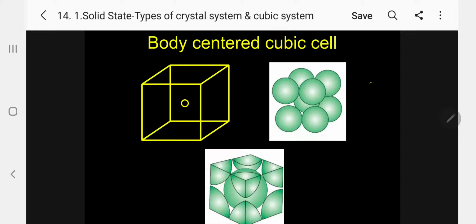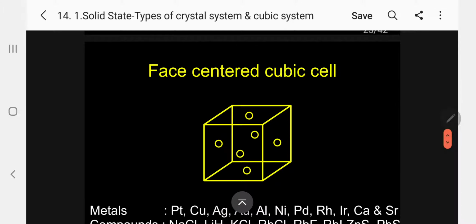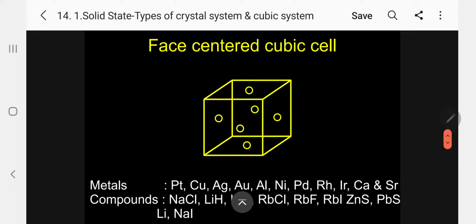Now coming to the third one. The body-centered cubic cell I have already explained to you. When you are cutting, we get bottom 4, top 4, and additionally exactly inside there is one atom. That's why there are 2 atoms for the body-centered unit cell. This is the third one, the face-centered cubic cell. There are 6 faces, and on each of the 6 faces half of an atom is present.